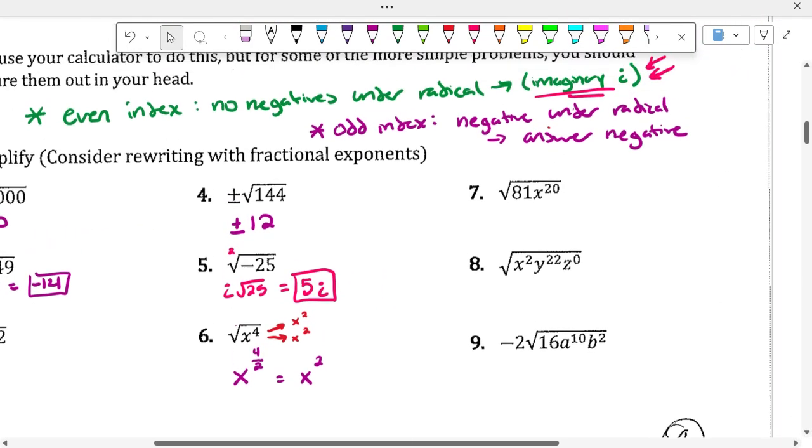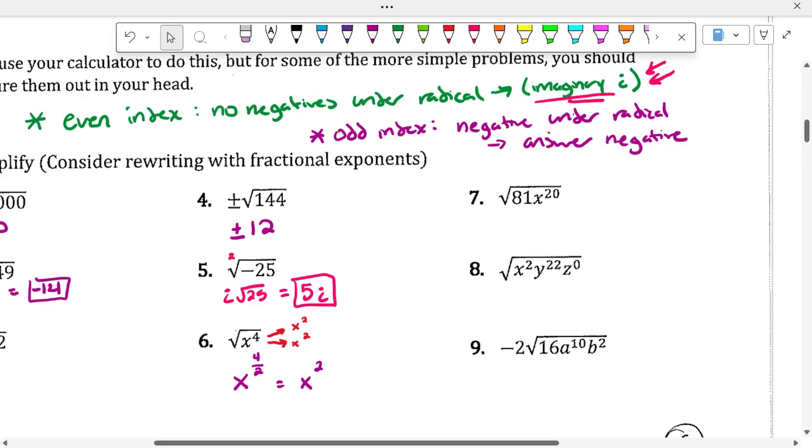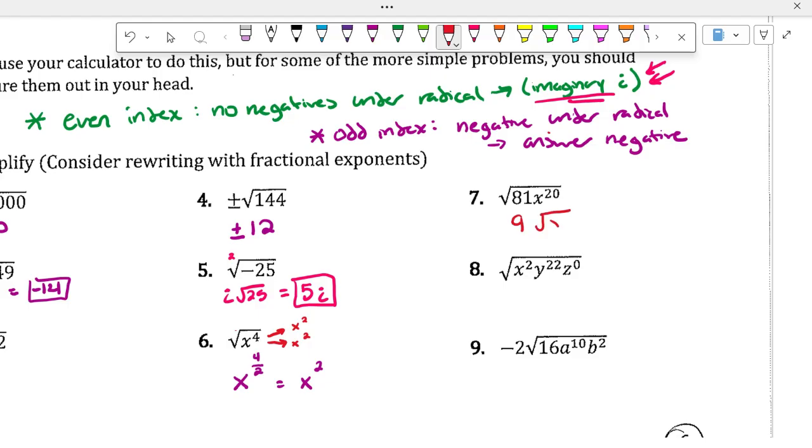All right. So this next one, what do you think the square root of 81x to the 20th is? What's the square root of 81? 9. So the first part of your answer is 9. So we got 9 square root of x to the 20th. Let's convert that to a fraction.